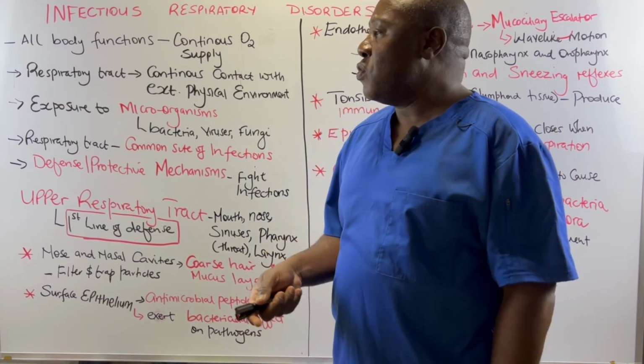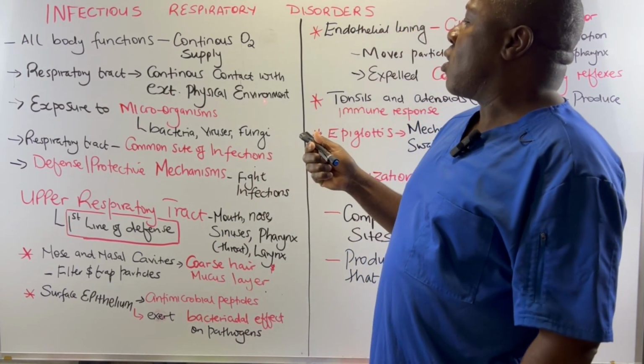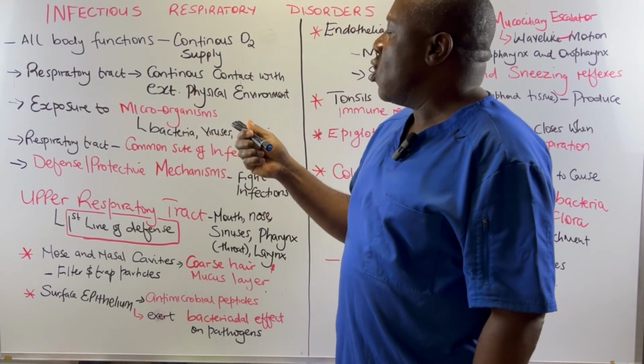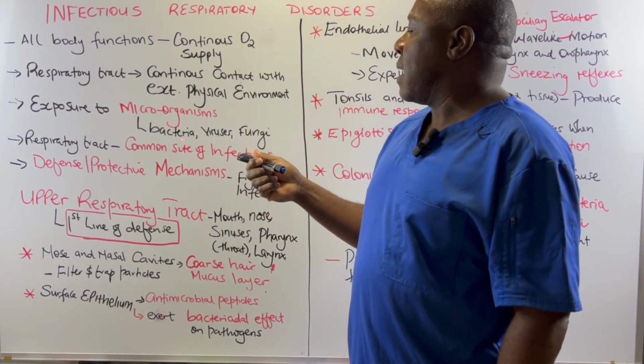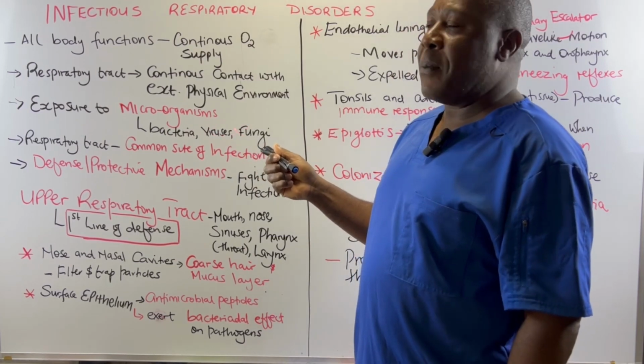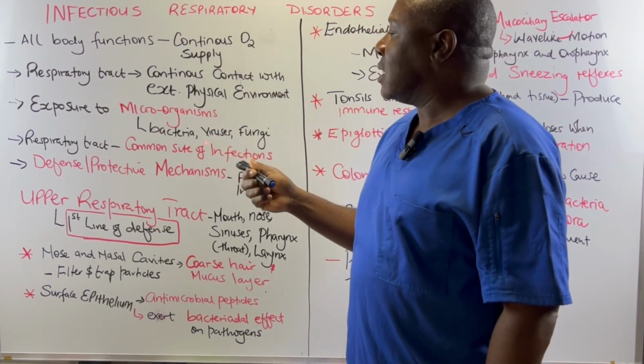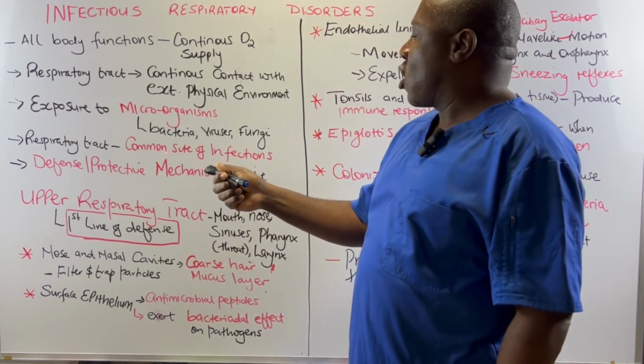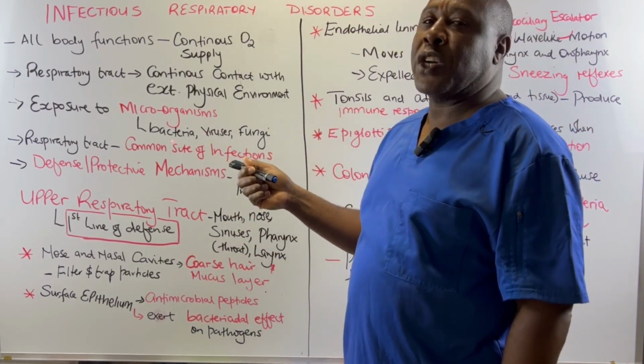Now, this continuous contact with the external physical environment exposes the respiratory tract to microorganisms like bacteria, viruses, and fungi. And these microorganisms have caused the respiratory tract to become a common site of infections.